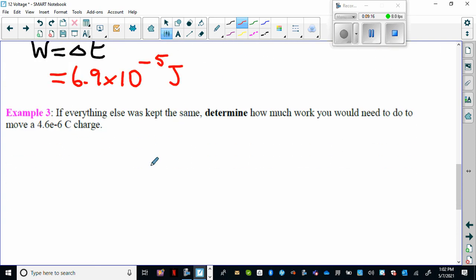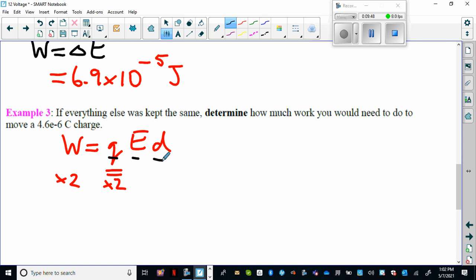And since in the formula it's a direct relationship, work is directly related to charge, work is directly related to the electric field strength, and work is directly related to the distance. If you double the charge, then for the equation to remain in balance, you're simply doubling the work. If you double any of those values, then you're just going to double the work.